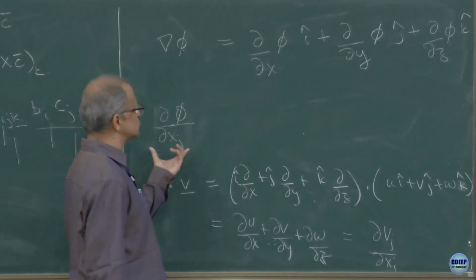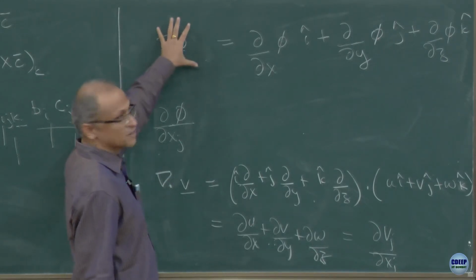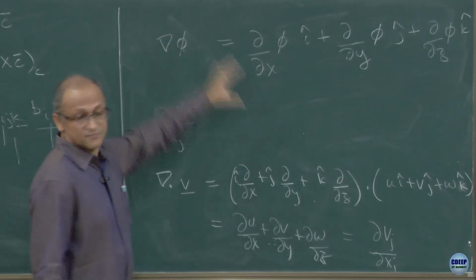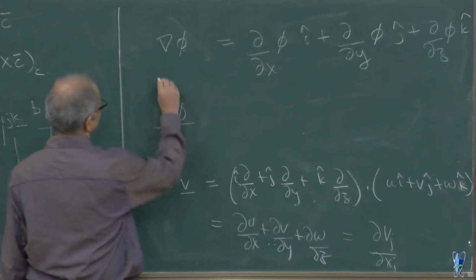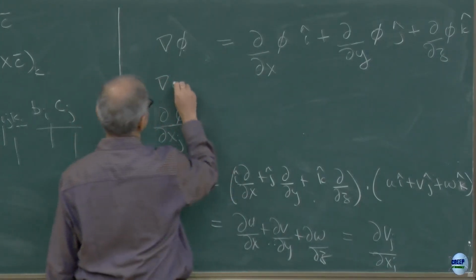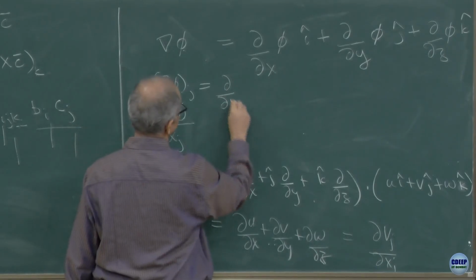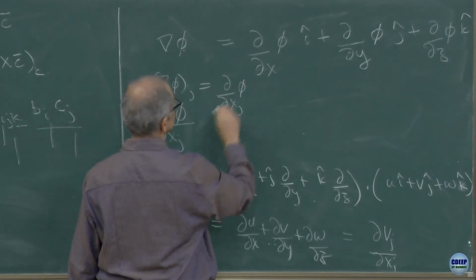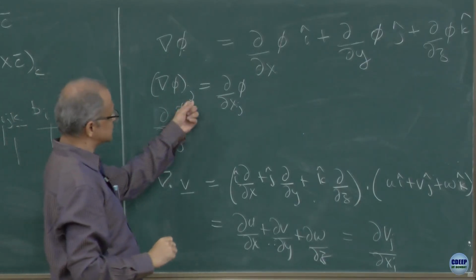No, we are not summing there. There is no free index; with a free index we don't sum it up. So here we have to pick up one component. So what is this quantity here? I'm just saying, what is the jth component of this?